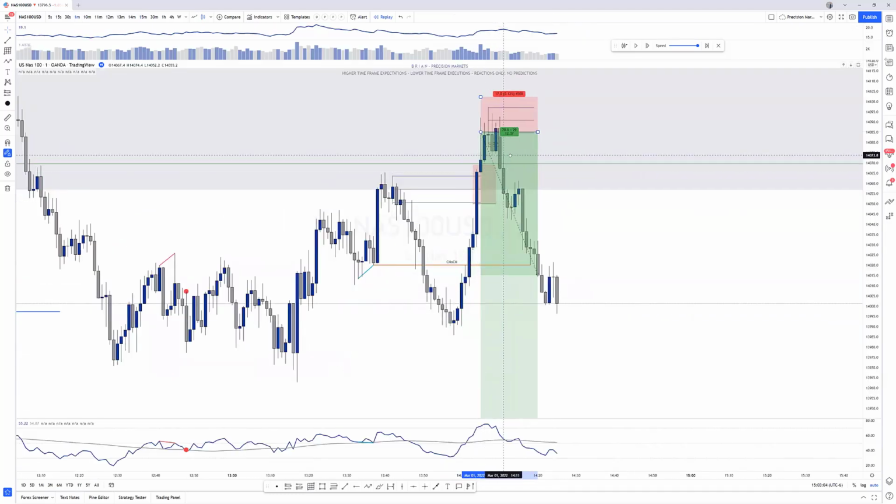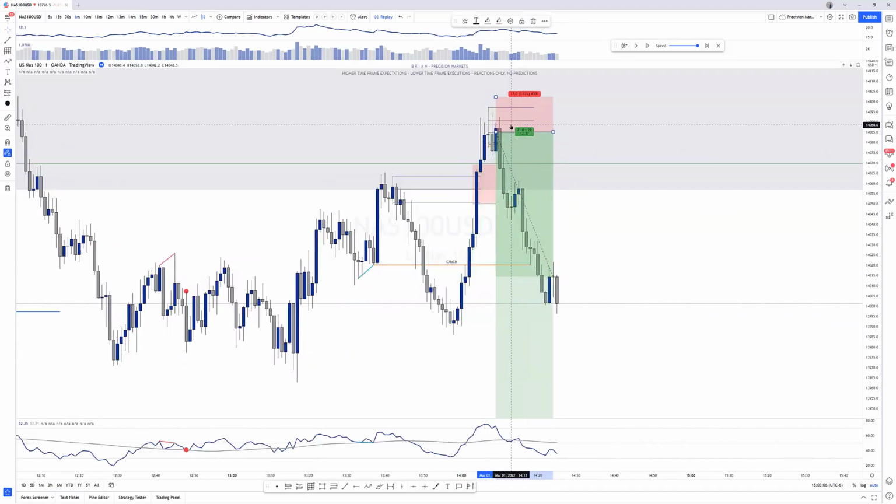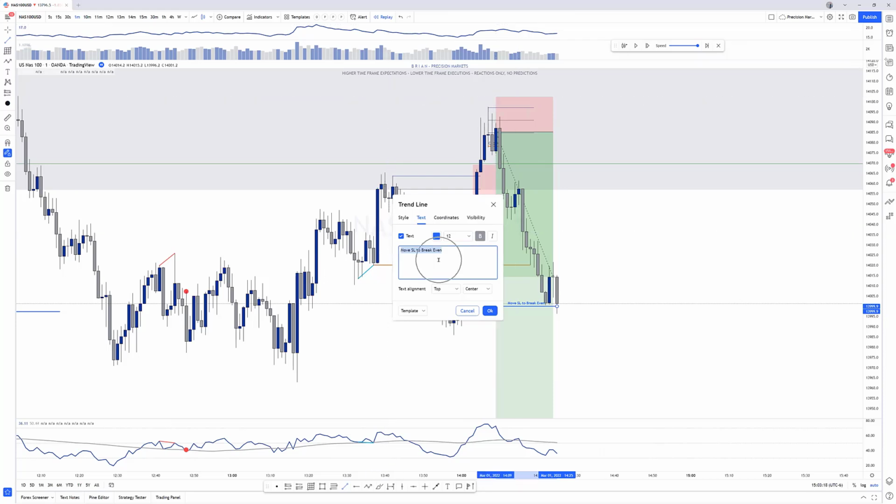And that would put me at basically a 1 to 12 R. So since we've hit our 5 R, I'm just going to cover. I am just going to take 20% partials and leave the stock open.